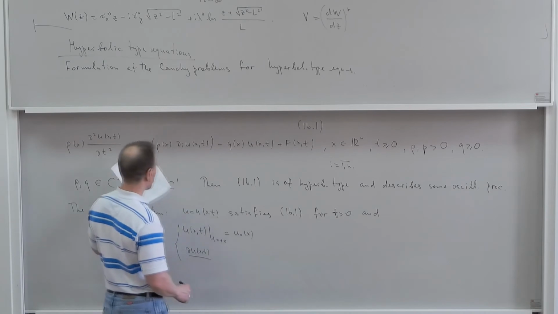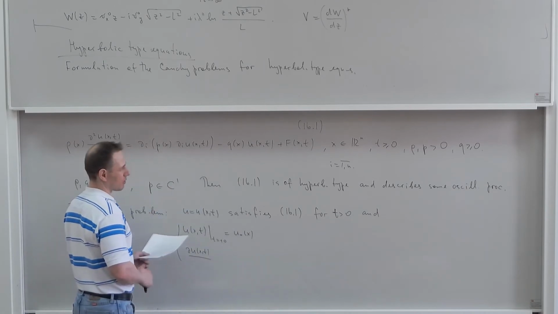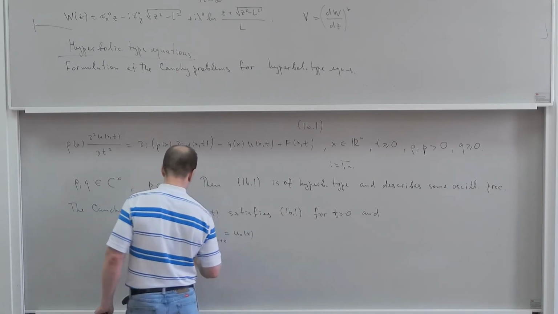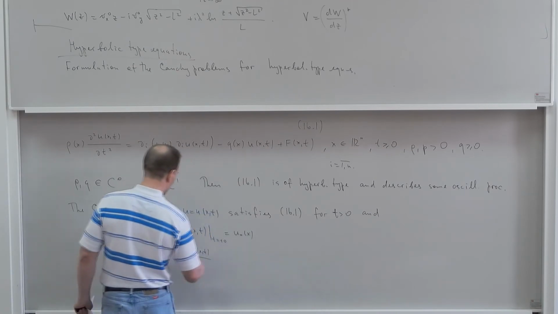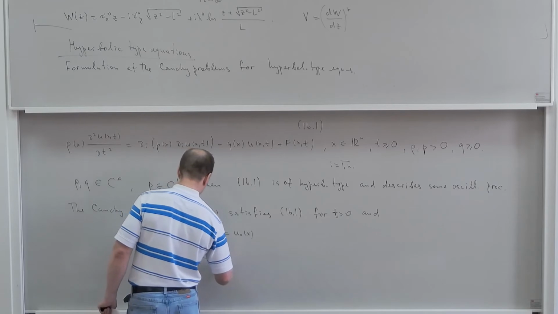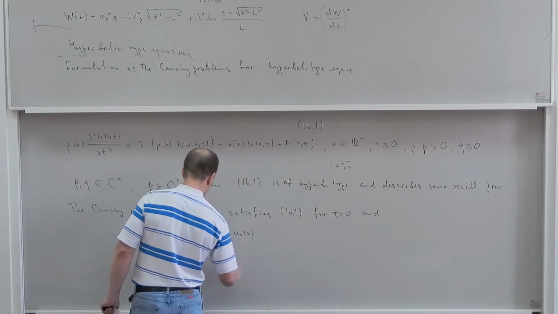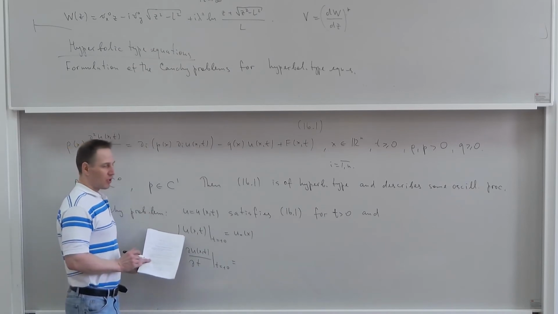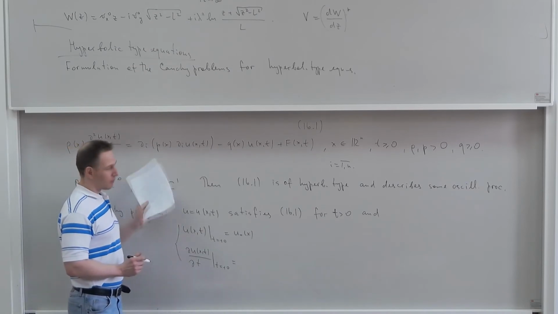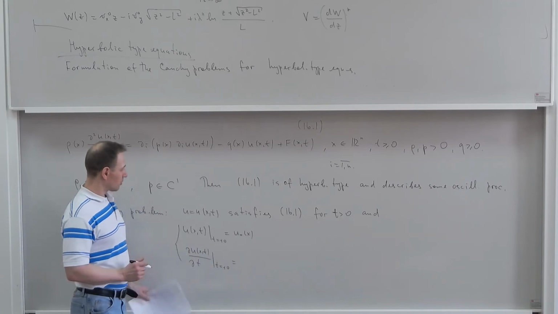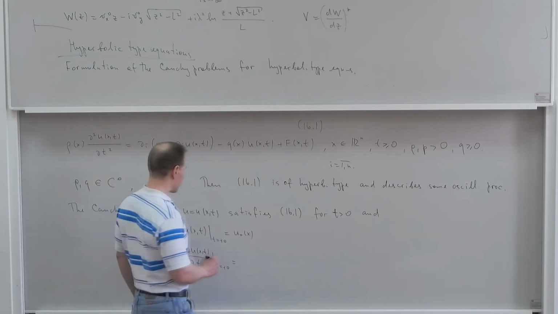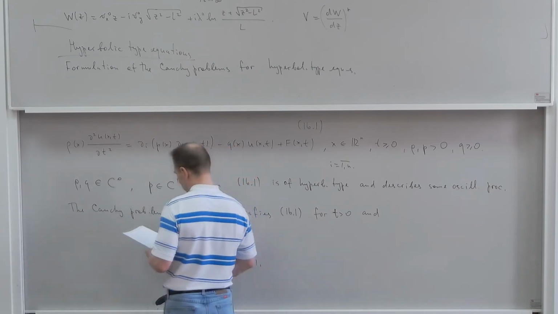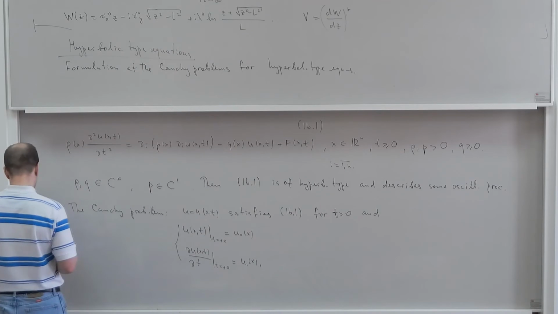In order to specify a unique solution to the Cauchy problem, one needs to impose the following initial condition. That is, one needs to specify the initial generalized coordinate, the function u, and the initial generalized velocity, the same as in classical mechanics.